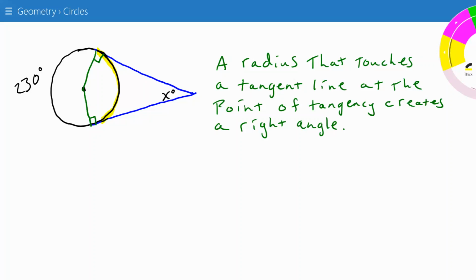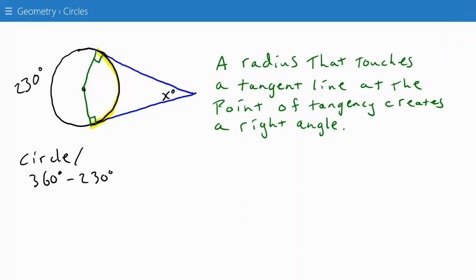This arc here, if a circle is 360 degrees, so we're looking at the circle and the arc in particular. 230 degrees for the black portion, and then how much is our highlighted yellow portion?